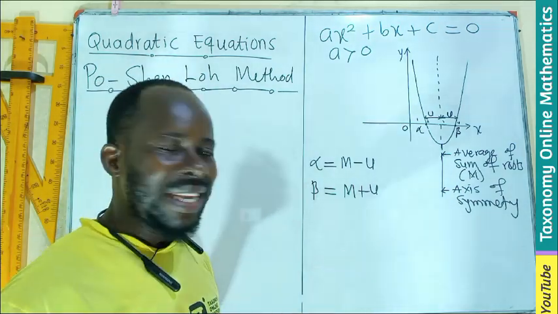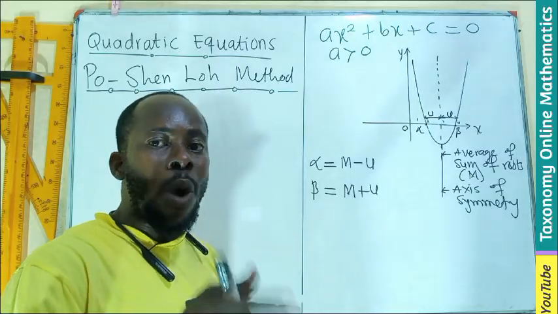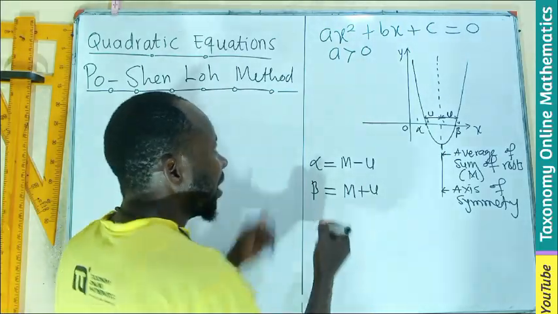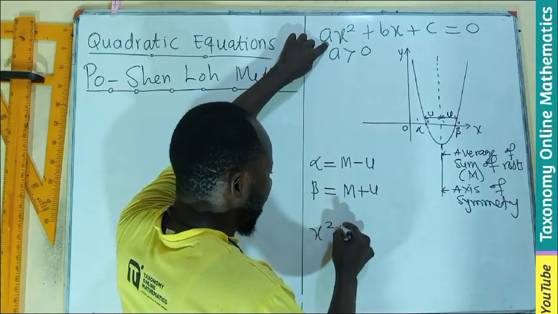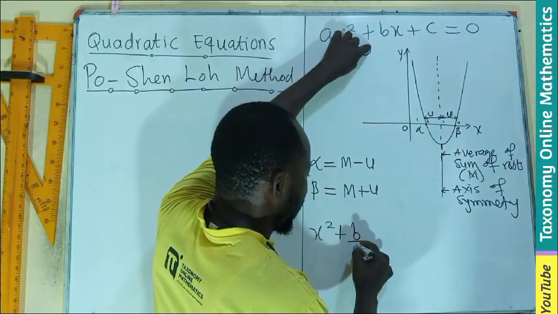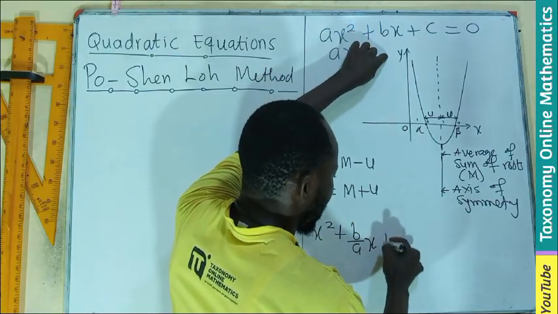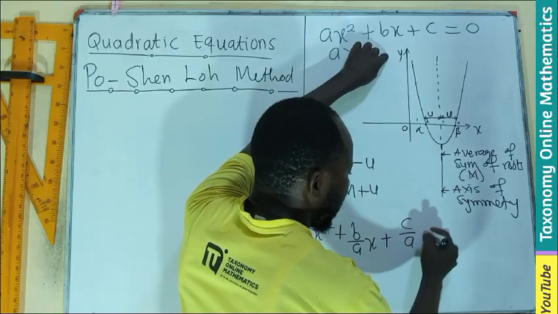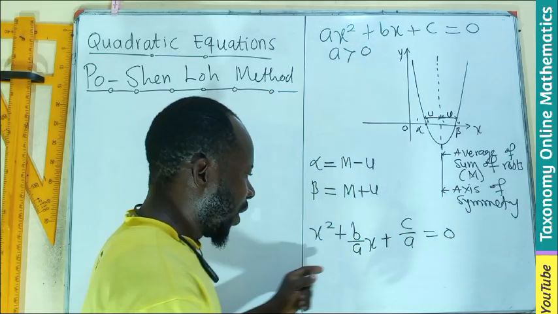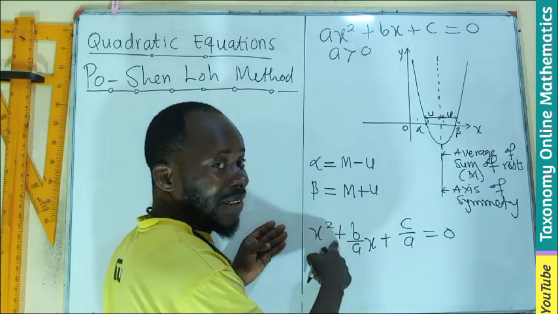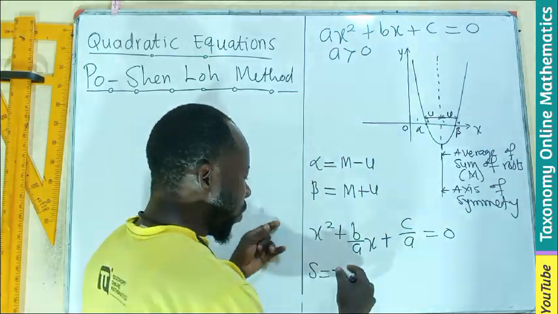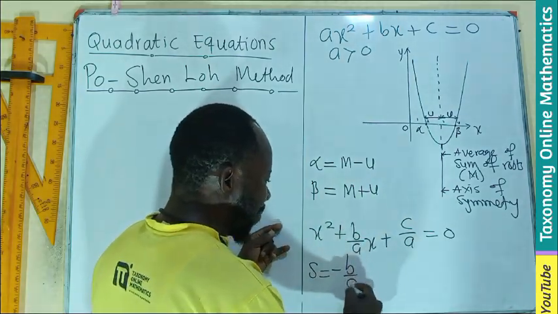We can also find the product of roots from a quadratic equation. Remember, if I divide here by a, I'll have x squared plus b over a x plus c over a equals this, where your sum is minus b over a. We don't have the minus here, but we can also find out how and why the minus is there.